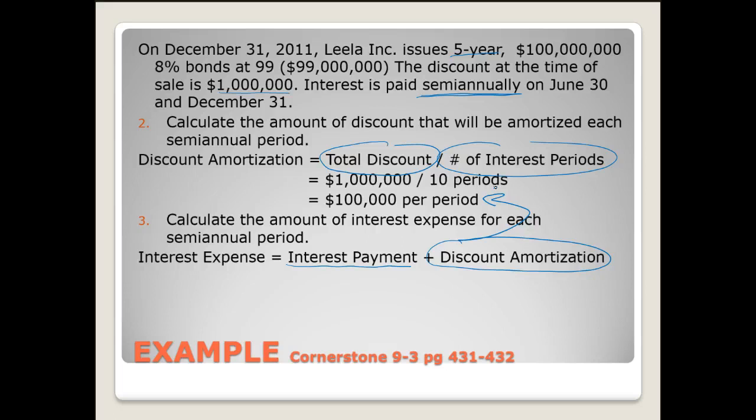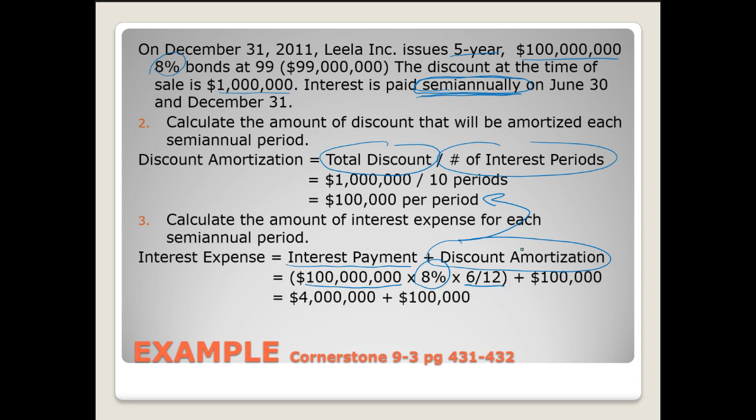Well, remember, that's always the face value times the coupon rate, or the coupon interest rate, times the portion of the year that each interest payment covers. So it's $100 million of face value or par value. There's an 8% coupon rate, and each interest period is 6 months. So 6 divided by 12, we come up with that each interest payment, the amount of money that is paid to bondholders every 6 months, is $4 million.